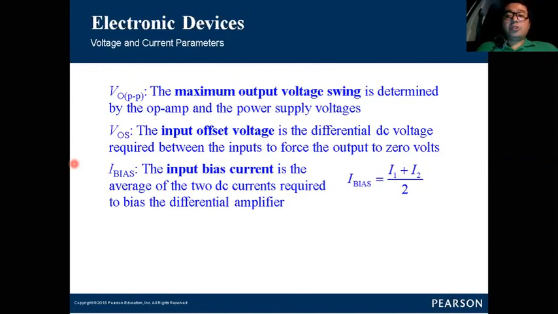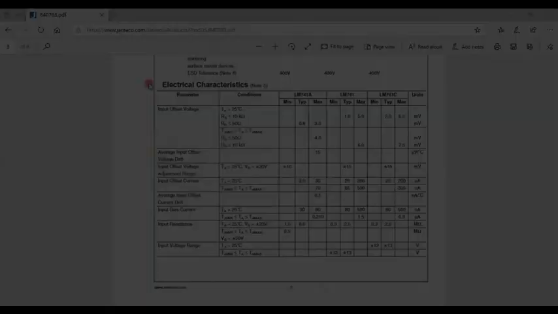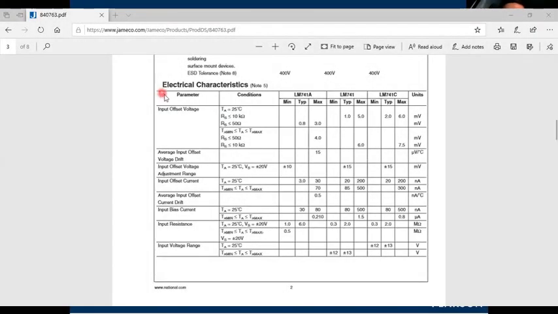Ipapakita ko sa inyo ang isang example ng input bias current, again, using the LM741 op-amp. Going back to our data sheet, again, this is the LM741 being manufactured by National Semiconductor. So from your data sheet, nakalagay dito yung input bias current natin.